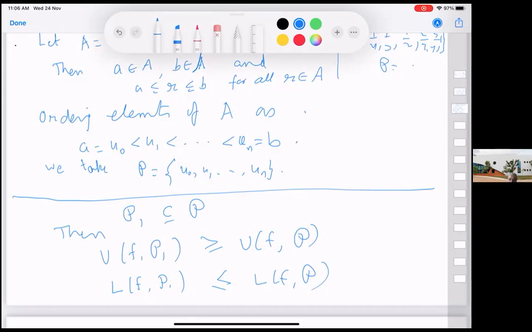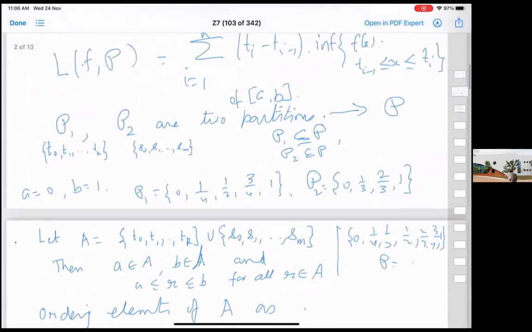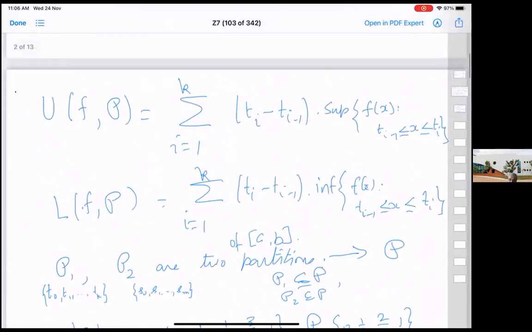Now let us go back to the definition here. This becomes clear that if you partition Ti minus 1 to Ti into some more parts, the supremum in each one will be smaller than the overall supremum. And therefore, the upper bounds go down, and similarly the opposite for the lower bound.